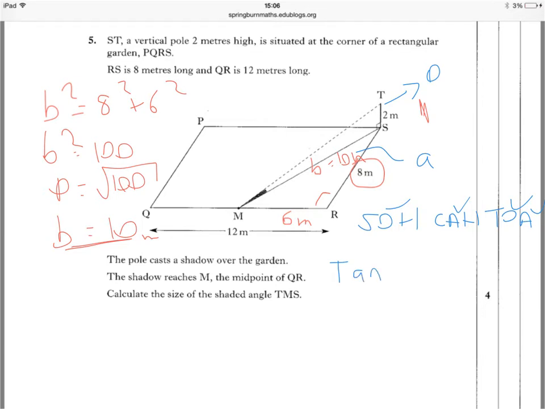So tan of the angle, I'll just call the angle x just now. Tan of x is equal to opposite over adjacent, and that's 2 over 10.